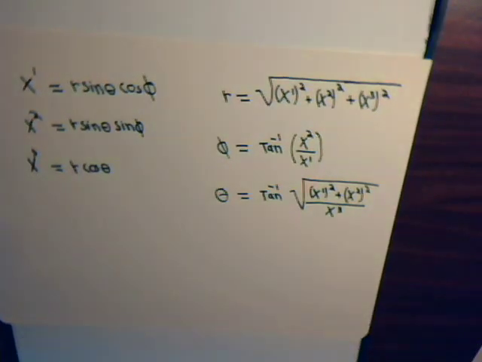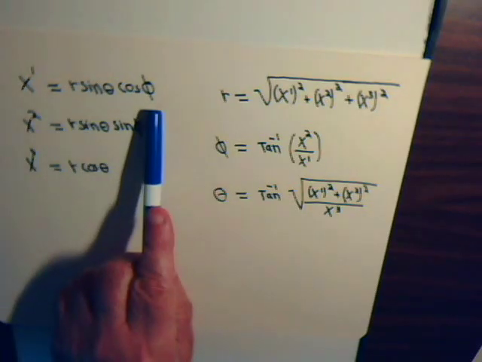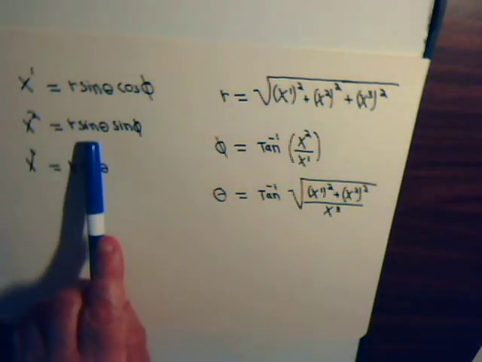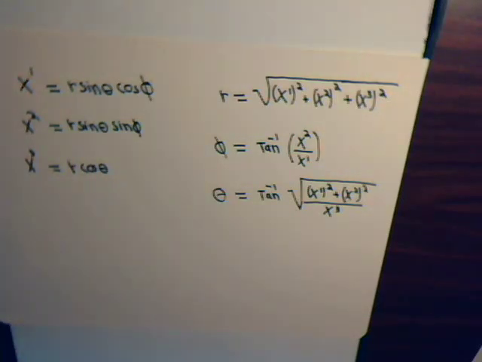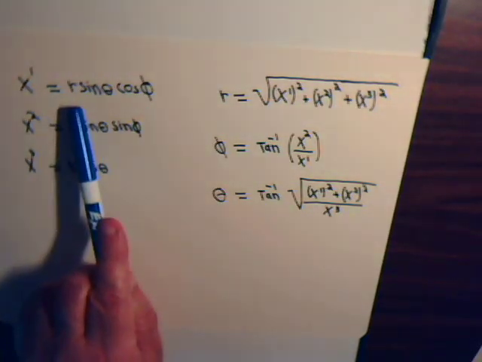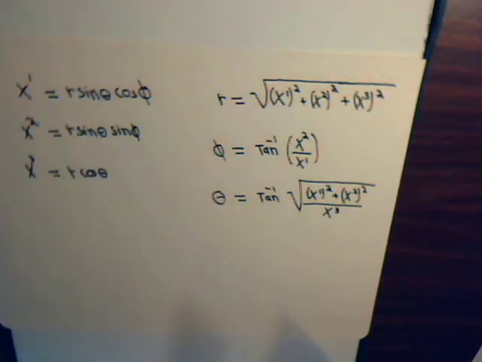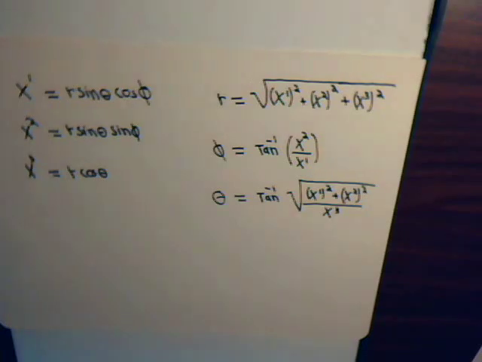And we know how to transform from one to another. That's with these equations. The x1 component in the Cartesian system is equal to this. Similar expressions for x2 and x3. So if we know what theta and phi and the magnitude of the position vector are, then we can determine what the Cartesian coordinates are.